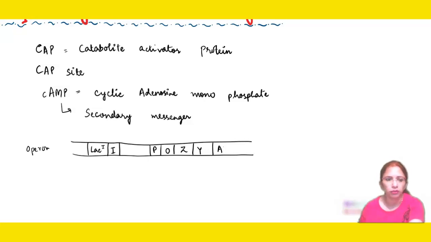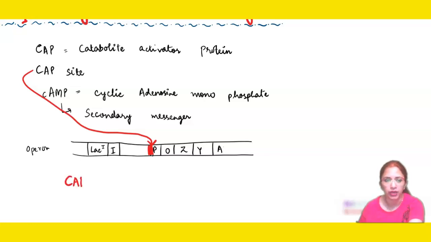Now, if you talk about catabolite activator protein, it is present somewhere here, just a little upstream to the promoter. Just a little upstream to the promoter we have the CAP site. Obviously, on this site, what is going to bind?